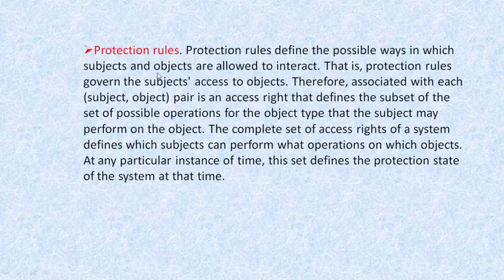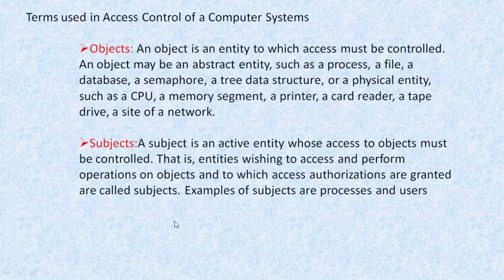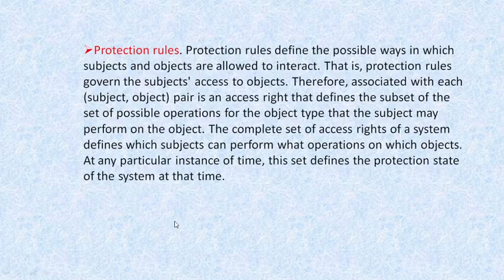And the next term is protection rules. These are the rules which define the possible ways in which both subjects and objects will interact. Here, this is an associated pair of subject and object.